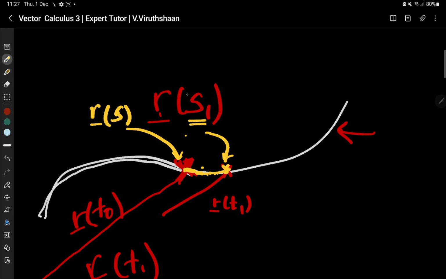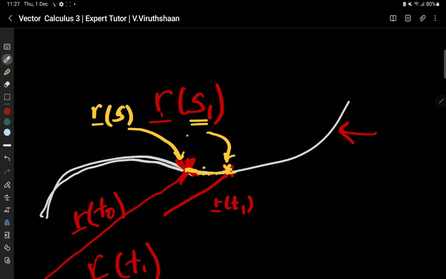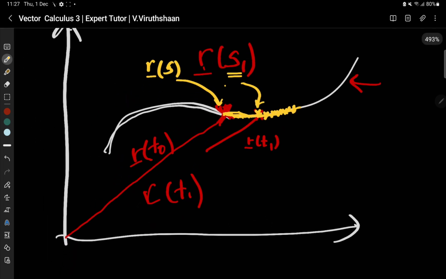And every time you change the value of the parameter, s1, let's say 0.2, 0.3, you are going to get different points on that line, which means you are going to move along that line. But with the t parameter you are not moving along the line, it's actually from the center showing up that point. It's something different, and if you are changing the parameter, we are going to take it arc-wise, throughout the line. So that's the simple difference.